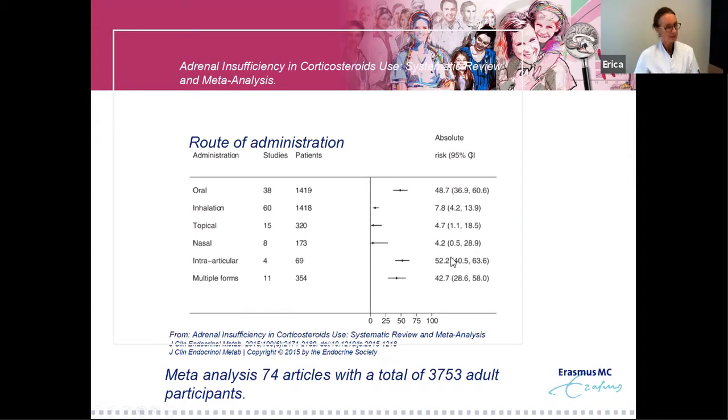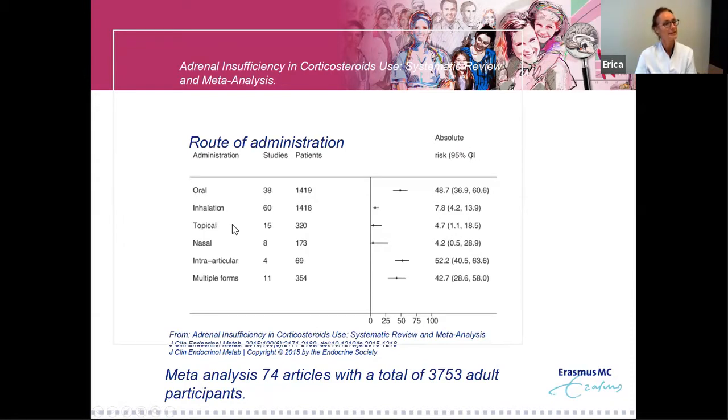And that question is a bit more difficult to answer. Of course, there are a lot of different types of patients, types of diseases, and types of glucocorticoids. This review gives a very nice overview of how big the risk is per patient in certain types of administrations.